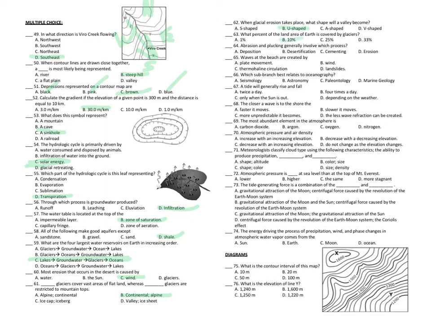Currently, we have 10% of the land covered by glaciers. Abrasion and plucking are involved in erosion, right? When we abrade, that's the weathering down, and the plucking then picks it up and carries it away. Waves at the beach are created by wind.